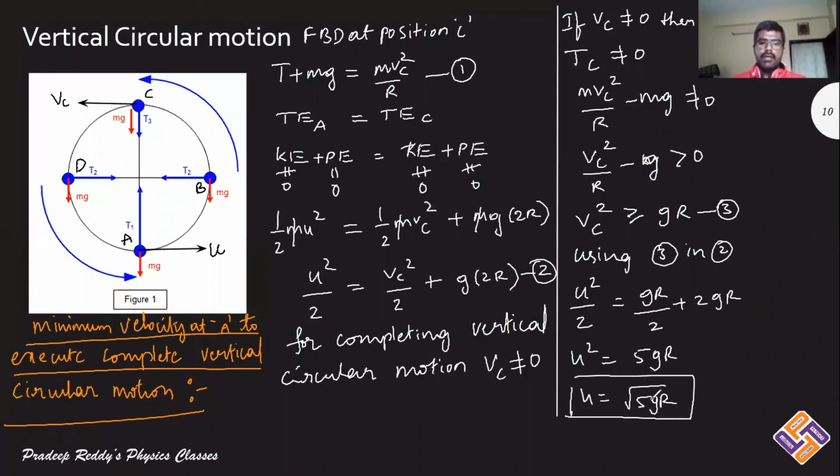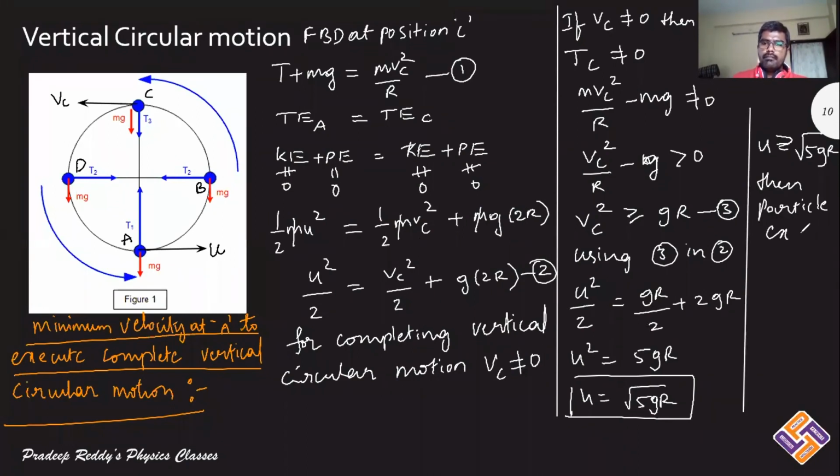So that means for a particle to execute complete vertical circular motion, velocity should be equal to or greater than under root 5gR. Then the particle executes complete circular motion. And remember, this is vertical circular motion, complete vertical circular motion.